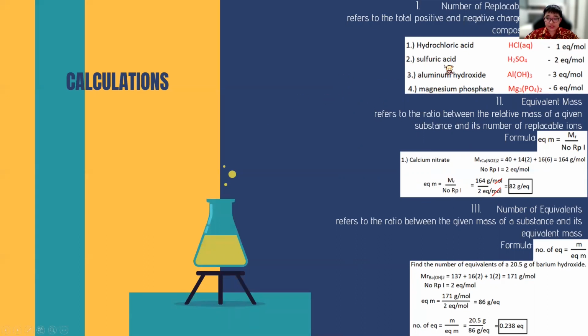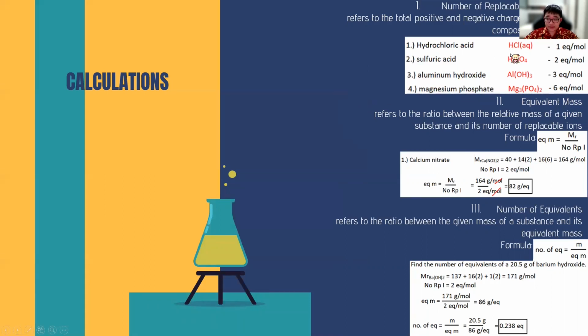And sulfuric acid, which is H2SO4, will have 2 replaceable ions. For the third one, we have aluminum hydroxide, which is Al(OH)3, which has three replaceable ions. And last one, we have magnesium phosphate, which is Mg3(PO4)2, which has six replaceable ions.